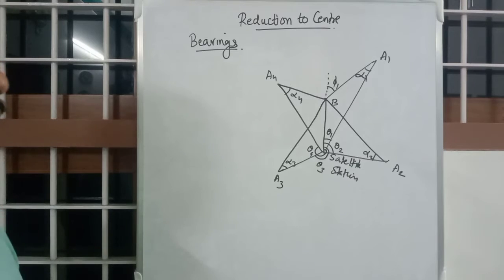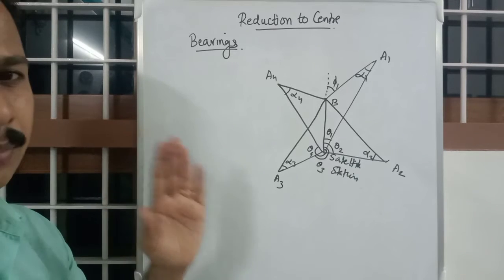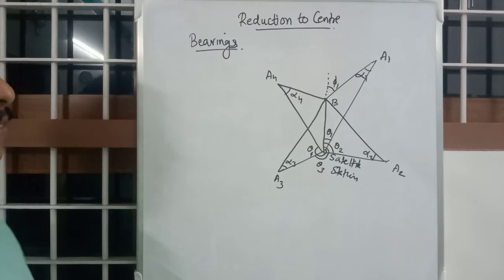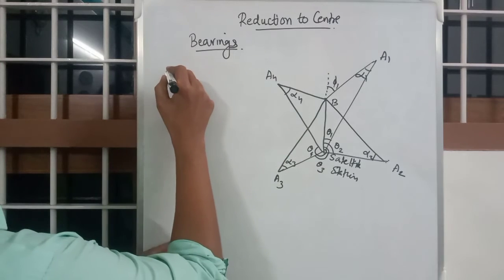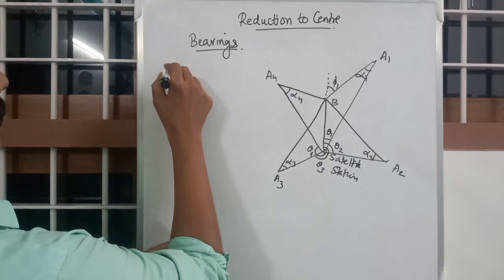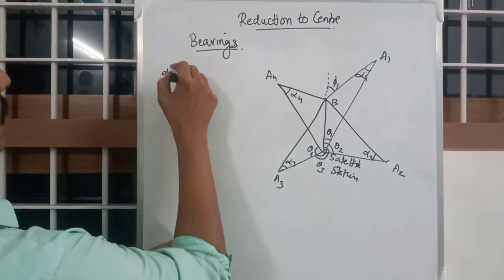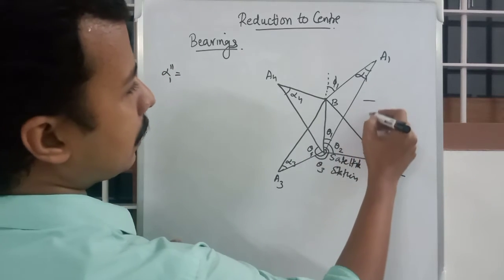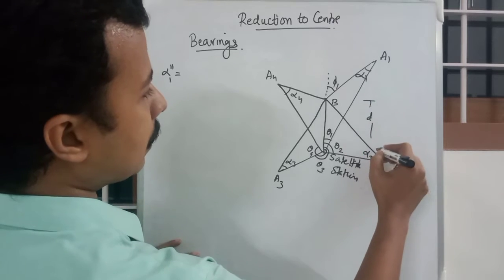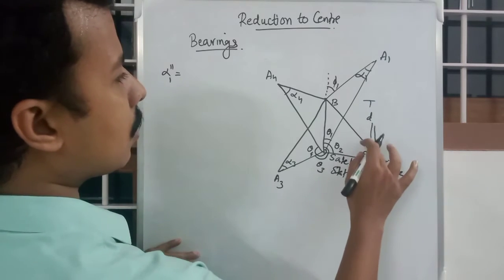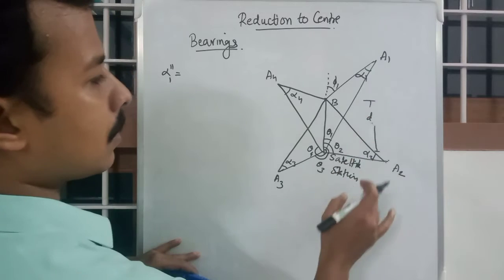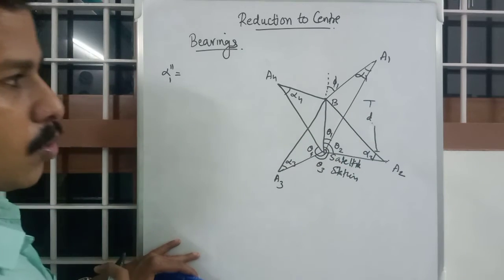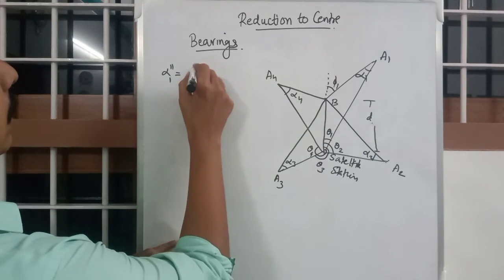Okay, with the same hypothesis or thumb rule, we will write an equation for each of the alphas. Alpha 1 in seconds is equal to d, where D is the distance from satellite station to true station.